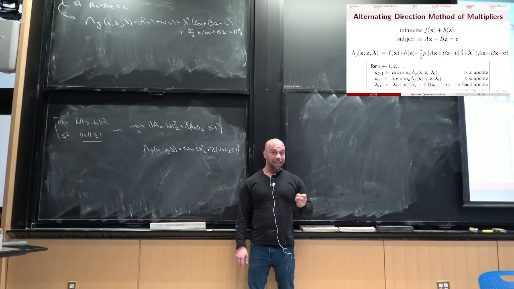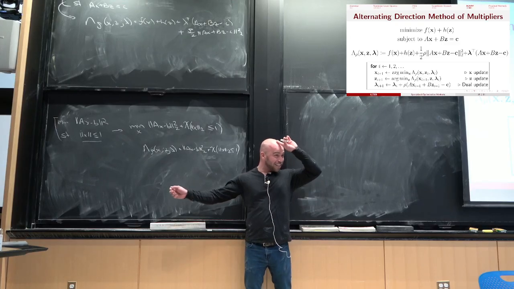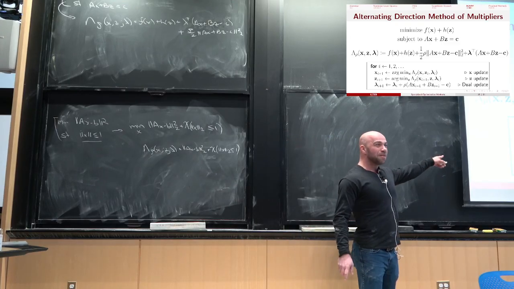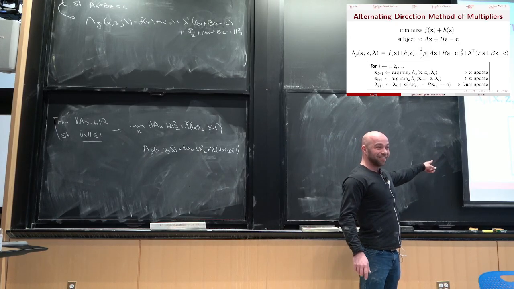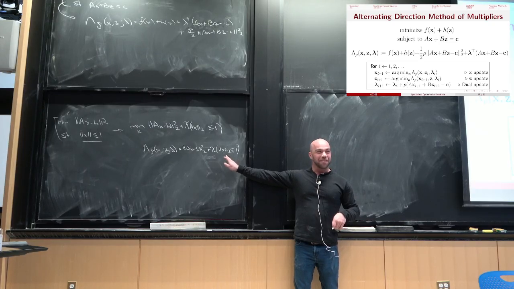Now, here's the thing: does ADMM converge for this augmented Lagrangian? Absolutely. Let's look at the iterations of this technique. The first step is minimize with respect to x the augmented Lagrangian. In this case, that amounts to solving the problem. And then the other step, do nothing. Yep, converges in one step.